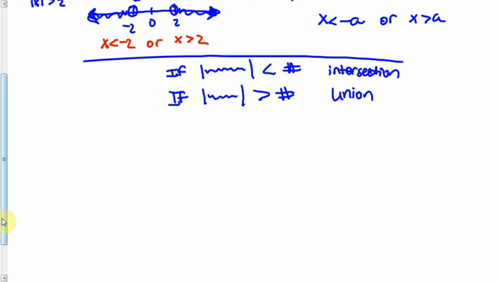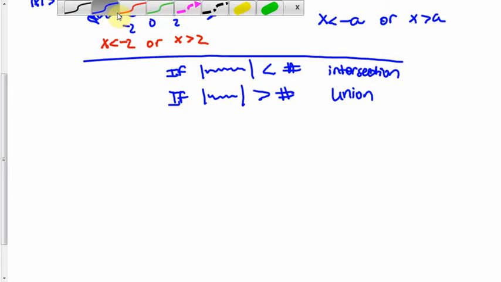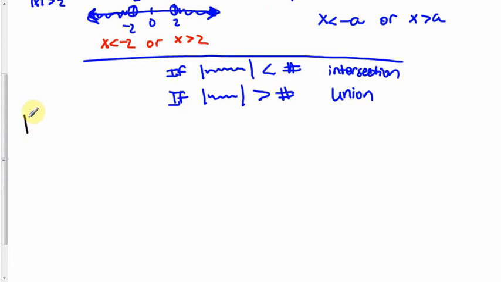So let's look at an example. Absolute value of t minus 4 plus 1 is less than 6.